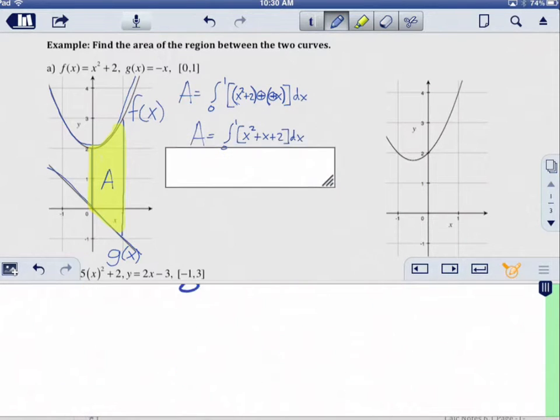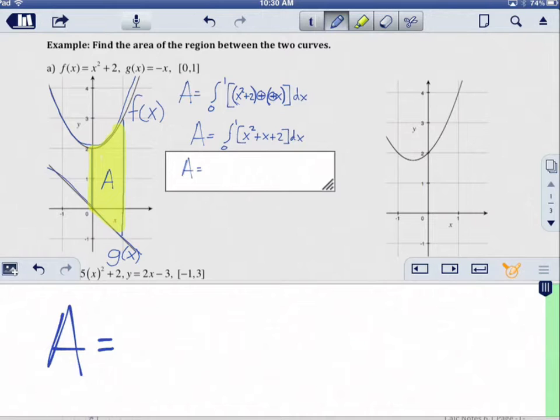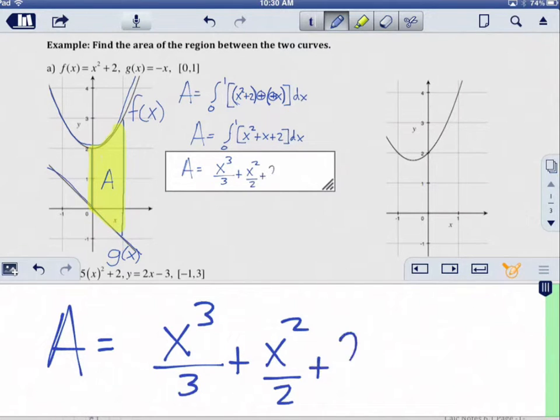Now at this point we can solve because we know how to take a definite integral. So the definite integral of x squared plus x plus 2 is going to be x cubed over 3 plus x squared over 2 plus 2x, and we're going to evaluate that from 0 to 1.